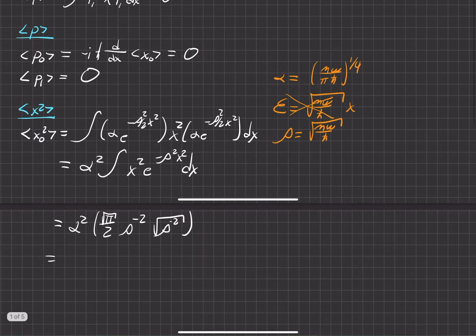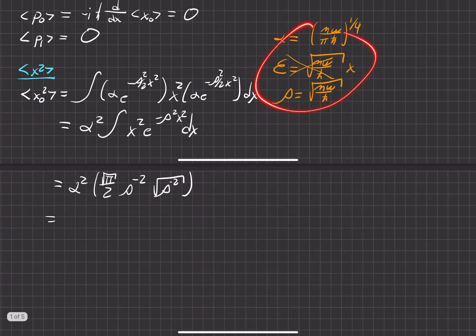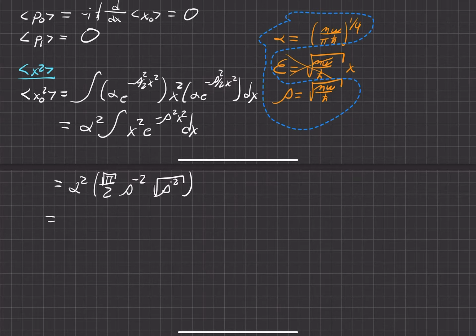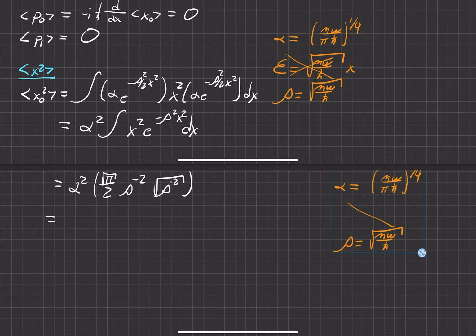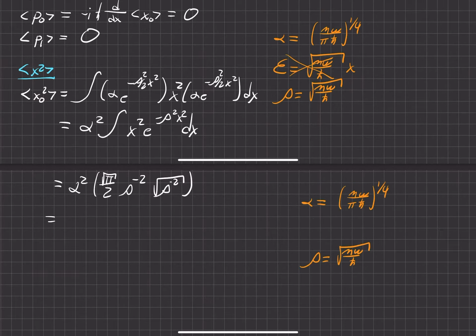Now we'll go ahead and apply these values. And actually, before I do this, I'm just going to go ahead and copy these down to the next page for reference.